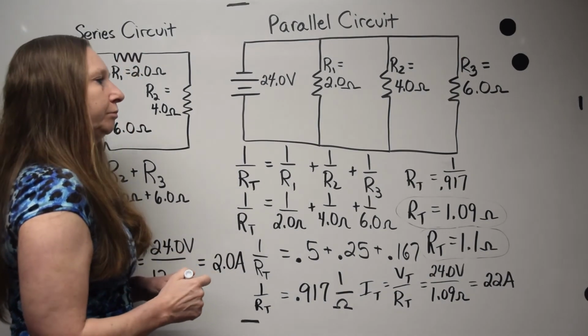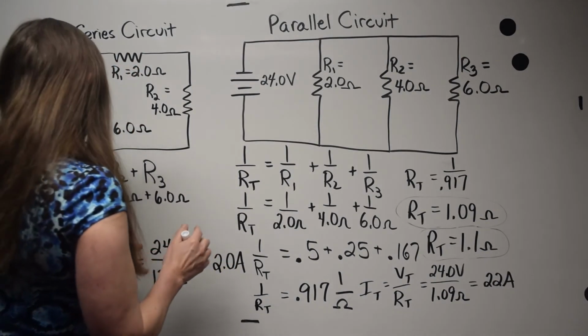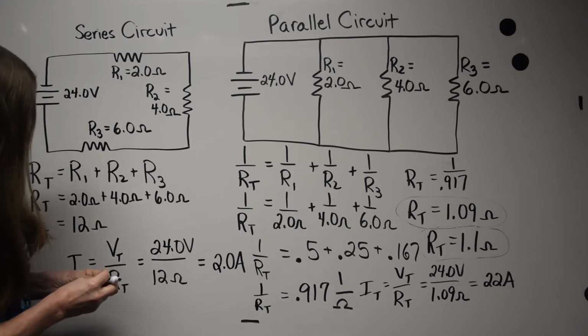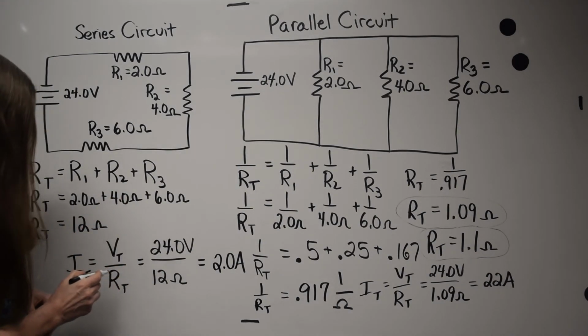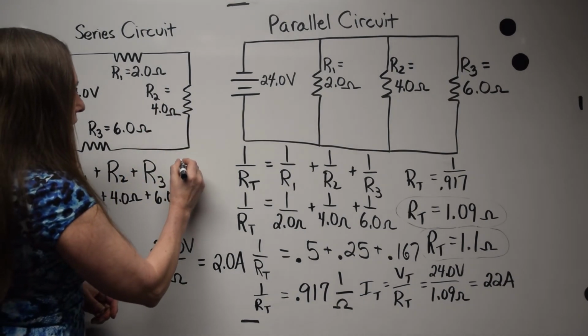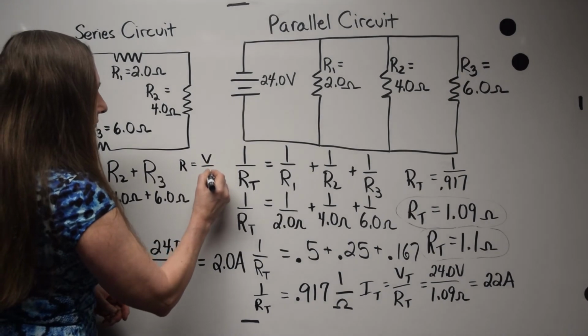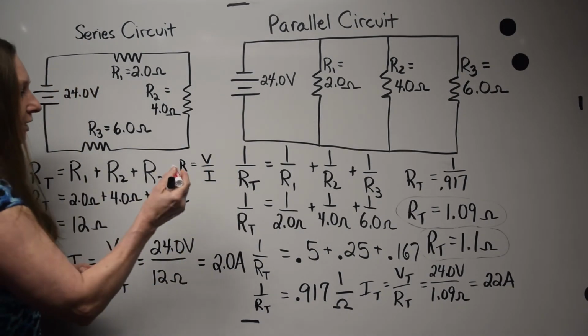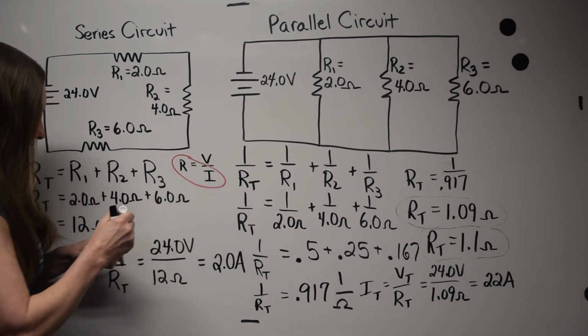Now, what I also want you to notice is that there is an inverse relationship between current and resistance. Here's Ohm's law. R equals V over I. So you see that there is an inverse relationship between resistance and current.